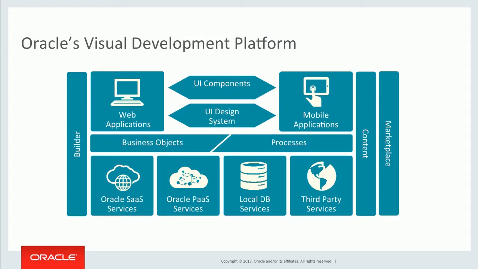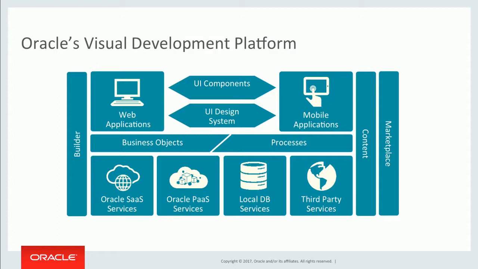These are the Jet UI components, the JavaScript-based UI components, as well as UI components that you can develop and add. So you can build your own HTML5 JavaScript components and add them into, for example, your web application. We're using all the best practices from our UI design system, Oracle Alta, which I talked about before, the usability group that builds design patterns and templates and stuff like that. We're using it in this platform.